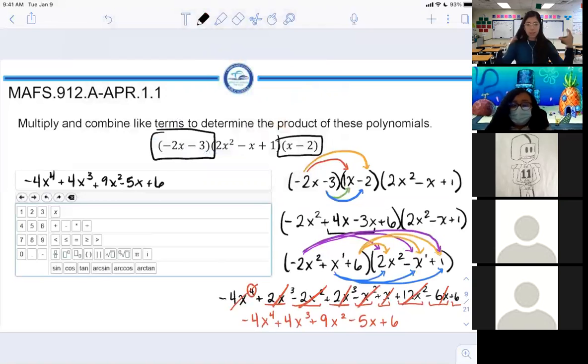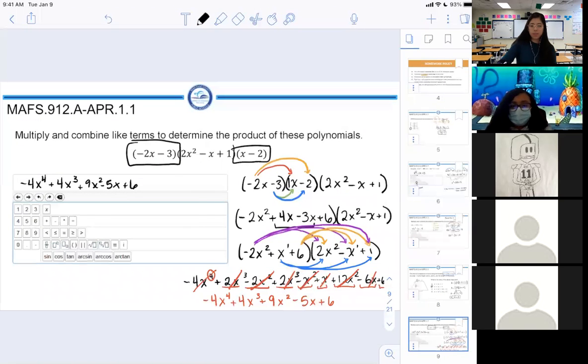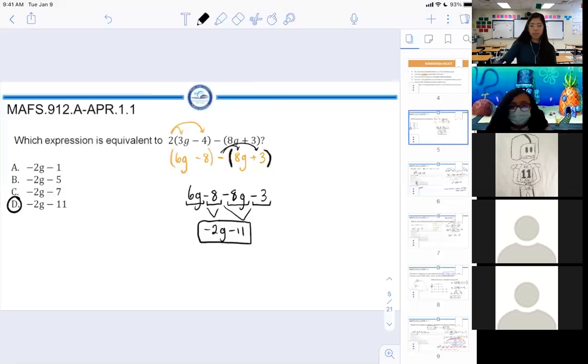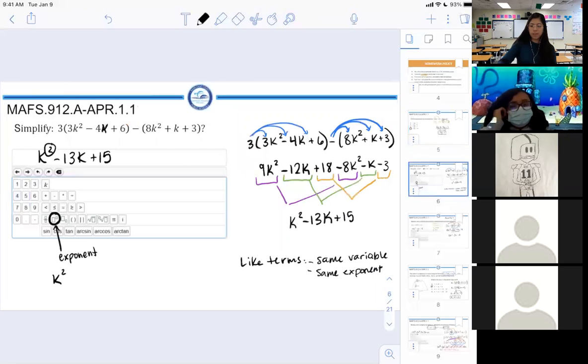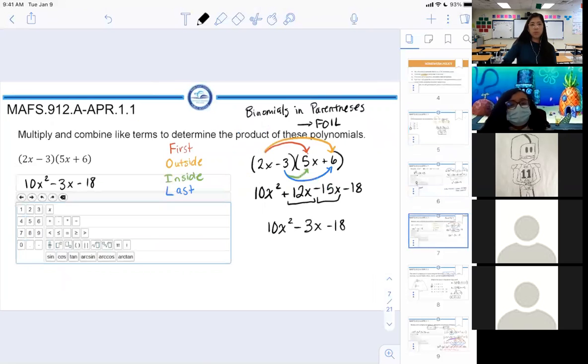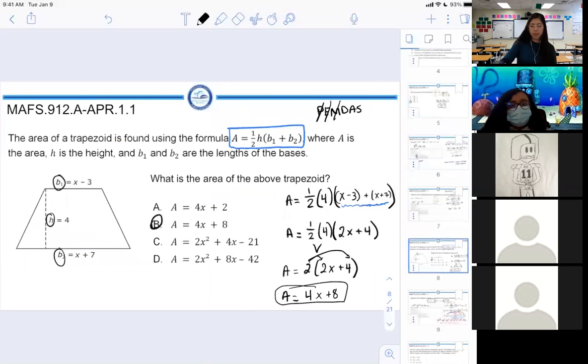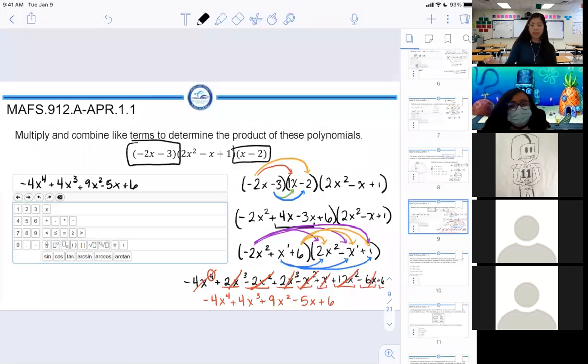Okay, that's a very big polynomial, and we had to do a lot of multiplying, a lot of distributing. So this is kind of like what we've done so far. This was level 1. This was level 2, foiling. And then this is like a level 3 challenge question, okay?